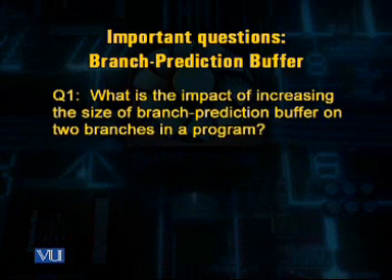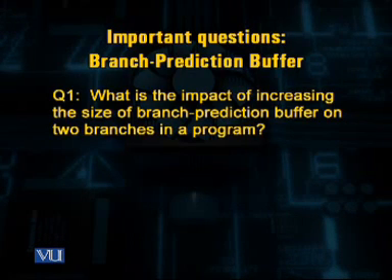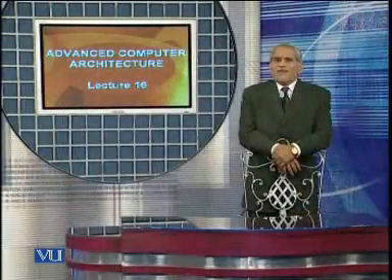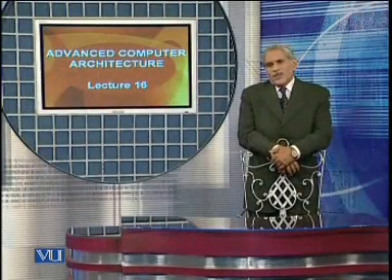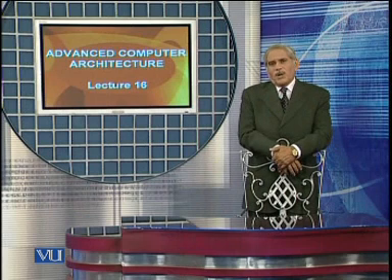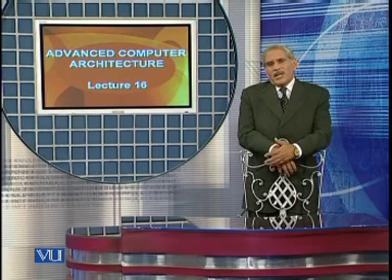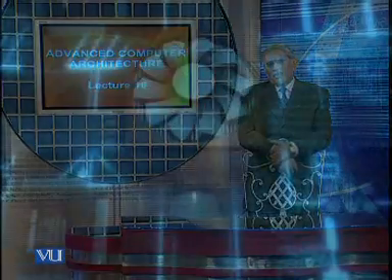The first question is, what is the impact of increasing the size of the branch prediction buffer on branches in a program? This means that if within one program there are more than one branch, and we think that if we increase the size of the branch prediction buffer, whether it improves the performance or not.